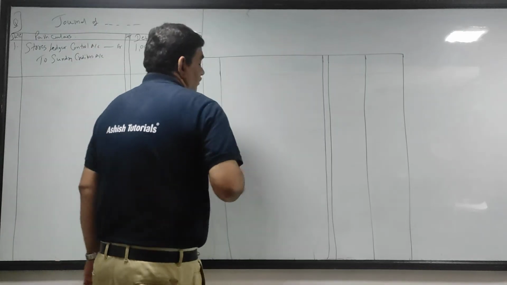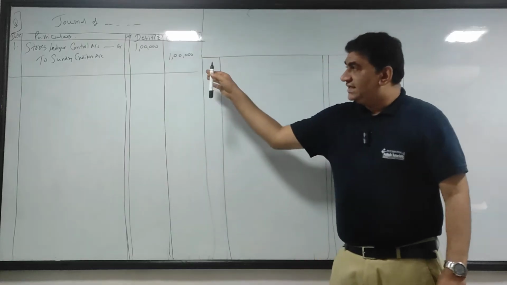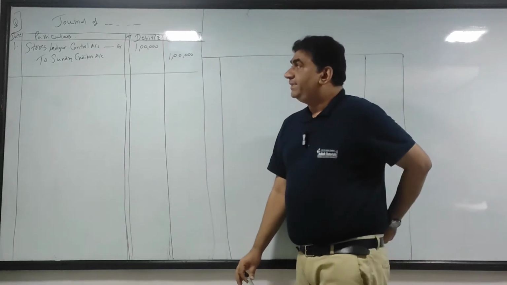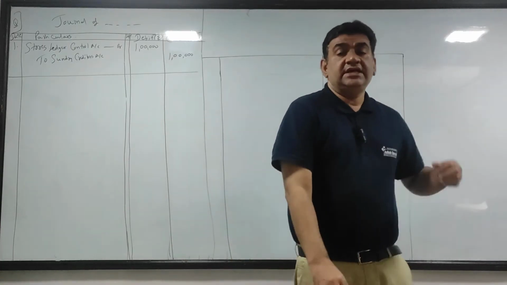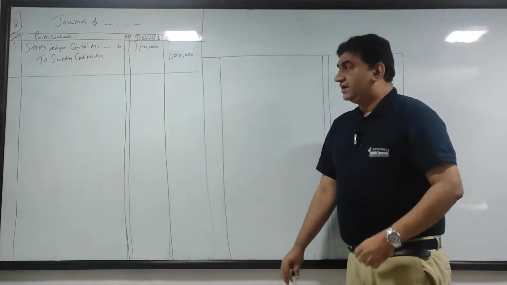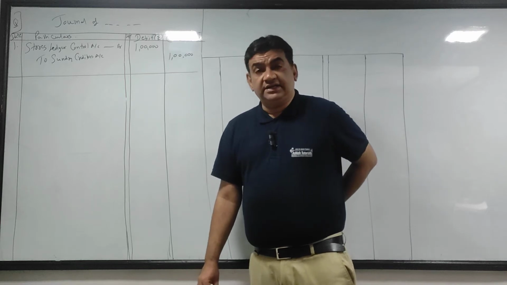Okay. So because material is coming in, understand the logic, and I'm coming to the point now. Because material is coming in, I debit store ledger control account and it is a credit purchase, therefore I credit sundry creditors.